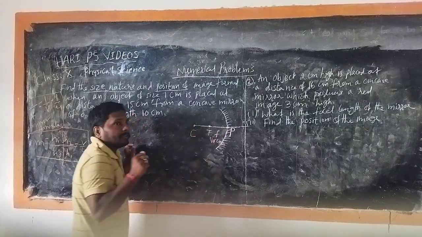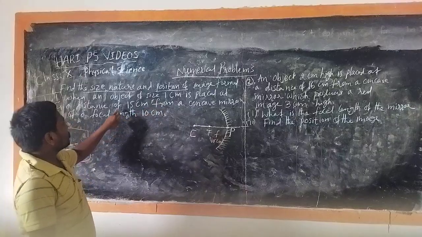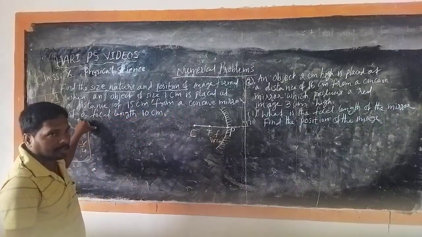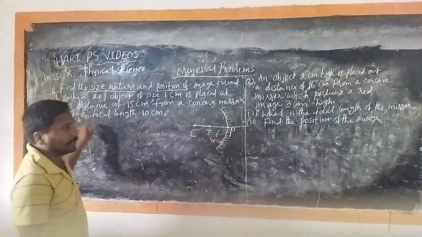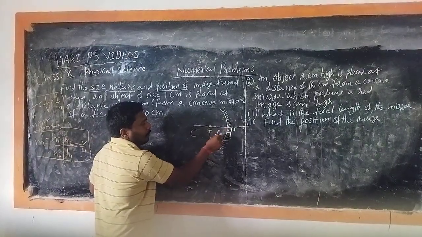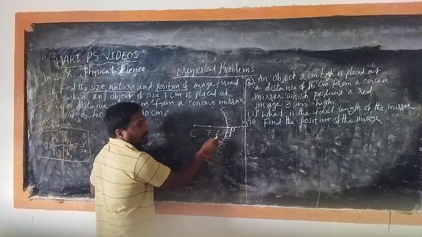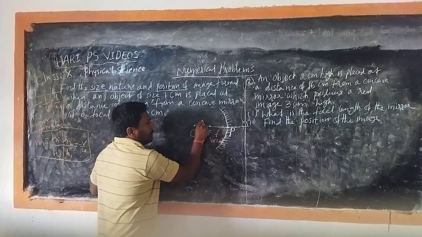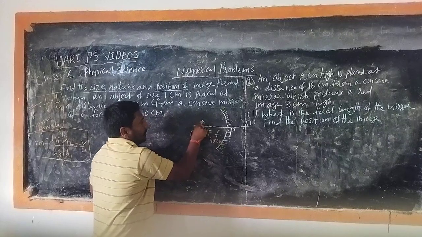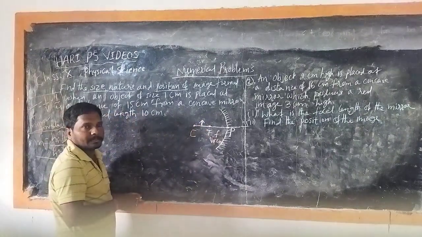So at which place is the object placed? 15 centimeter from the concave mirror. From here to here, the focal length is 10 centimeters, so 15 centimeters, here the object is placed.